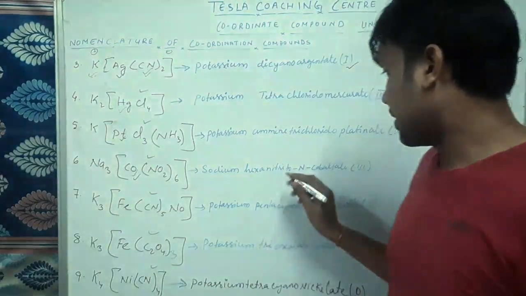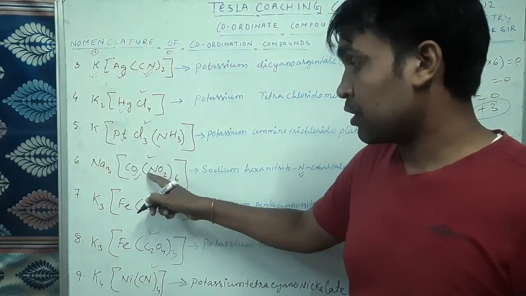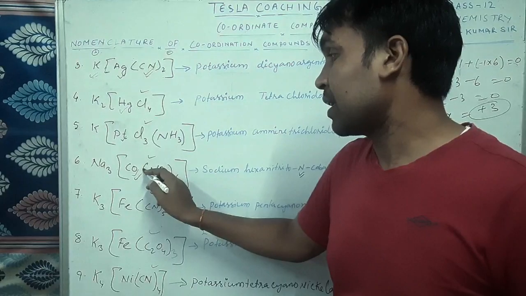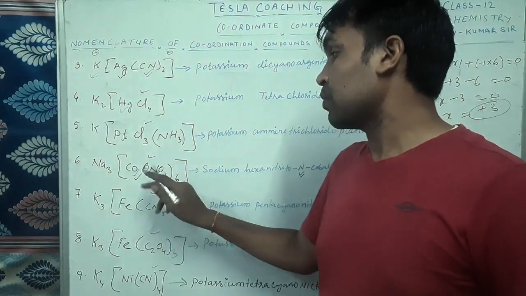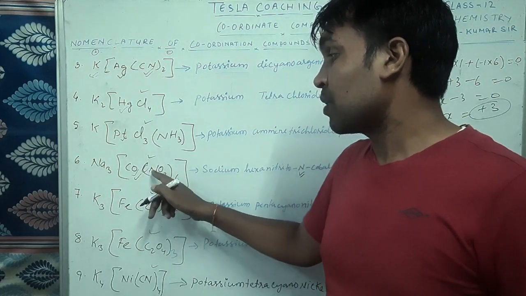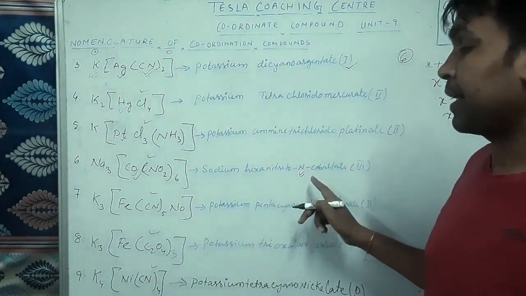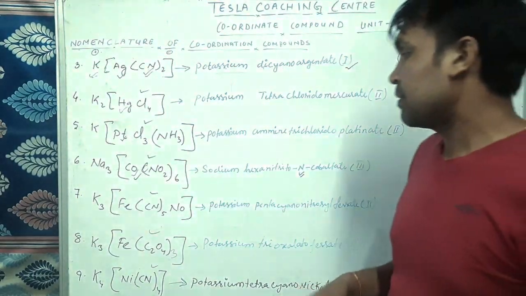Now here you see I have given a dash N. What does it mean? Here in nitrito you can see N and O are there, but the bonding will be done through N. Again I am telling, in nitrito NO2 is there, but the bonding will be done through N. That's why we are writing nitrito-N. I have already discussed these things in the previous lecture.